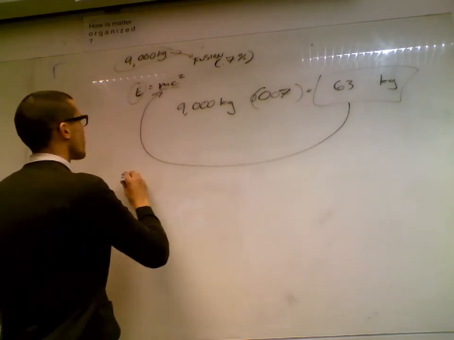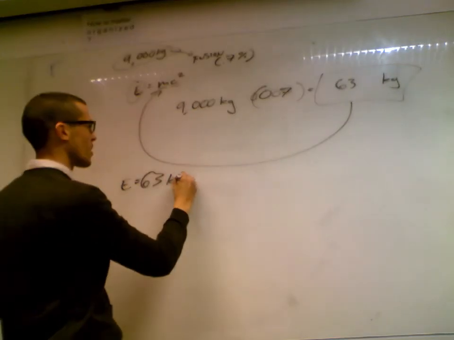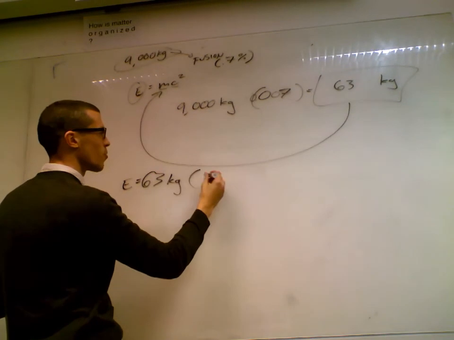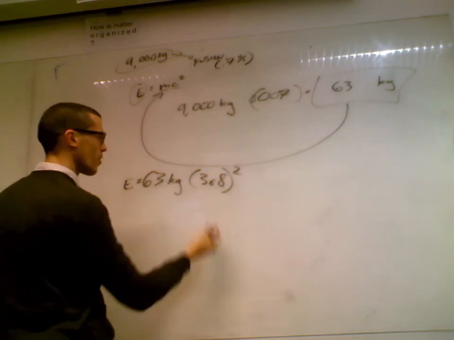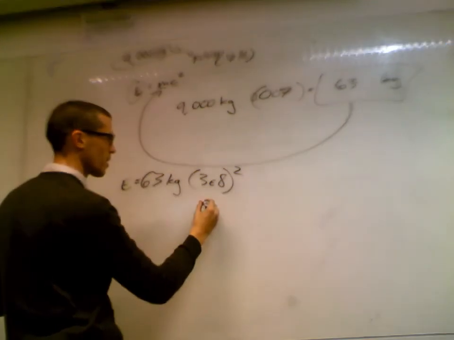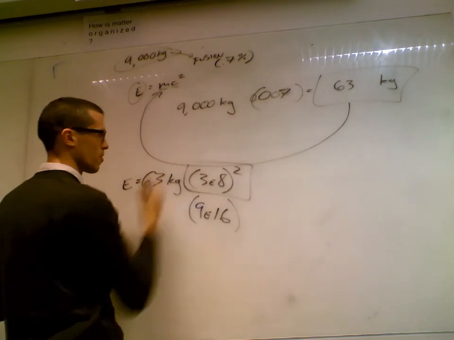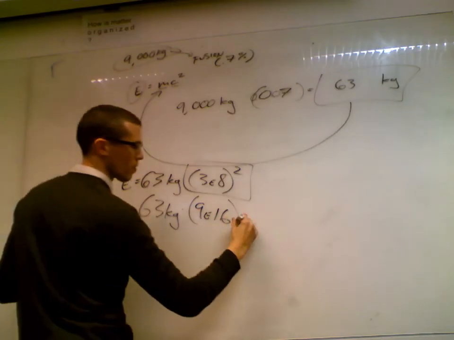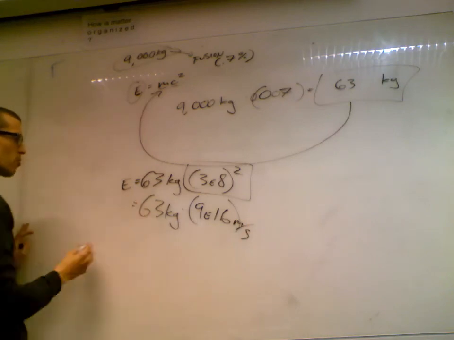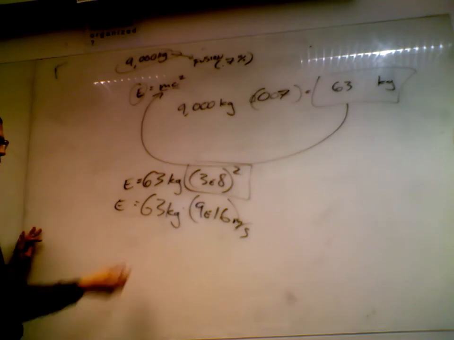We have 63 kilograms, and now we're going to take this times c squared: 3e8 squared, which is 9e16 meters squared per second squared. So this turns out to be joules. Whatever 63 times that is, it's going to be a huge number.